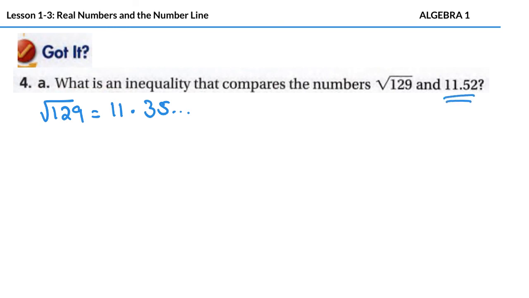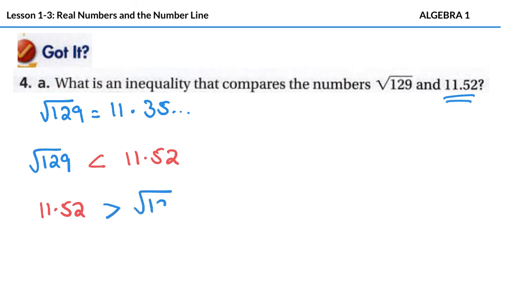So can you now guess what the inequality is? Square root of 129 is less than 11.52. We can also write 11.52 is greater than square root of 129. Either way. Great going.